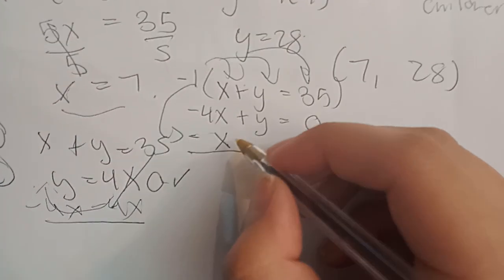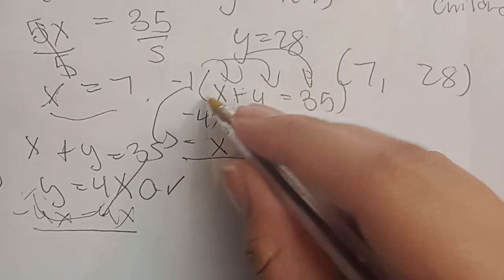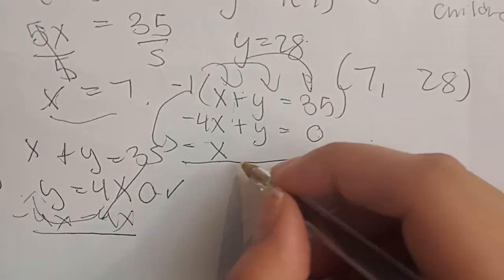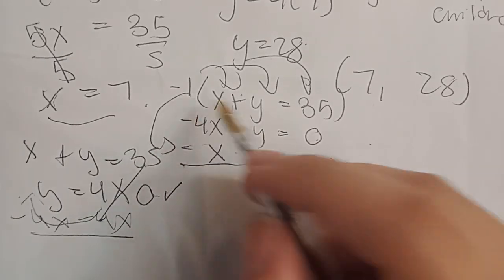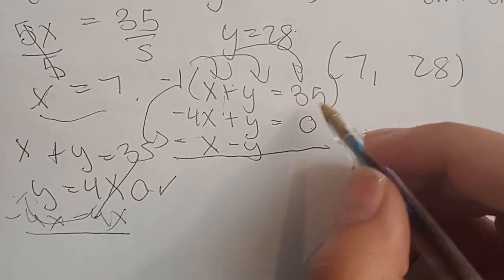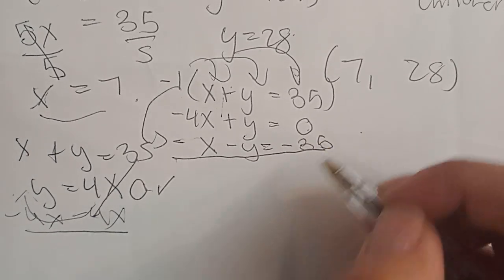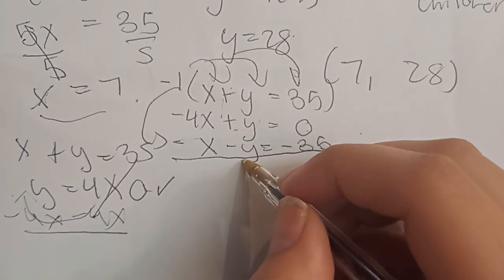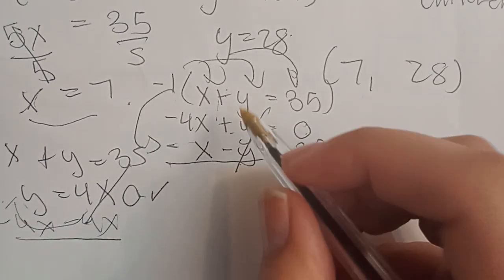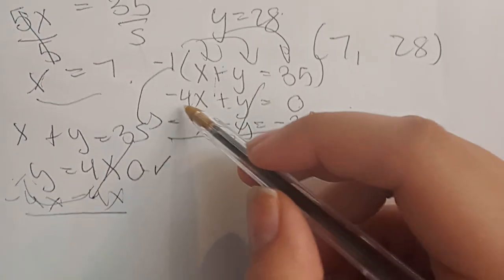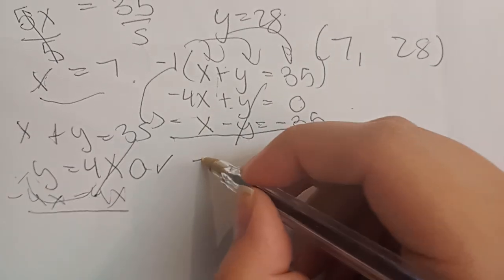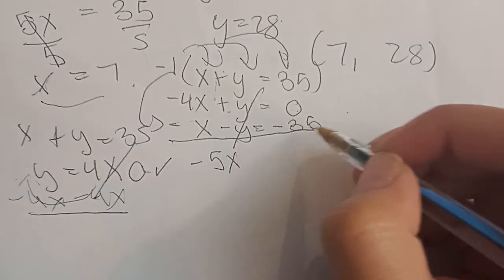Okay, so negative x, and -1 times positive y is going to be negative y, and -1 multiplied by 35 is -35. Okay, so the y and these two y's cancel out. And -4x minus x is going to be -5x.